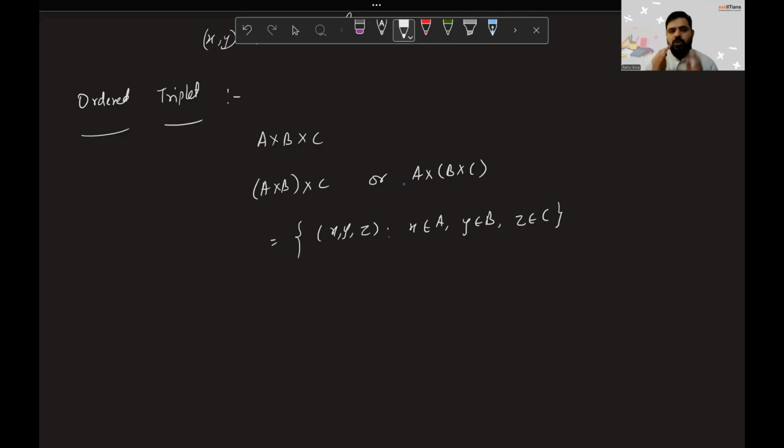An ordered pair contains two elements, x comma y. When we have an ordered triplet, it contains three elements, x comma y comma z.